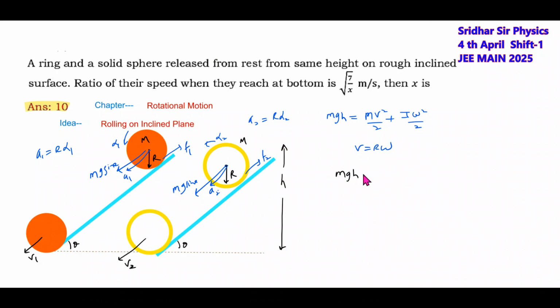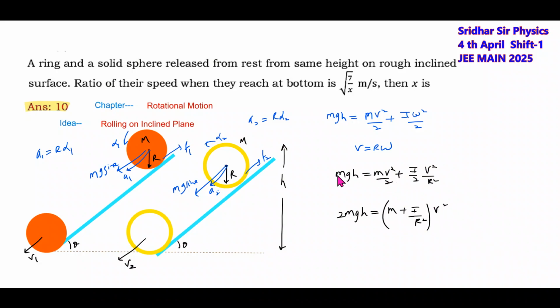Substituting this, mgh equal to mv square by 2 plus I by 2 times v square by r square. We have to calculate the expression for v. Let me simplify one more step: v equal to the square root of 2 mgh divided by m plus I by r square.